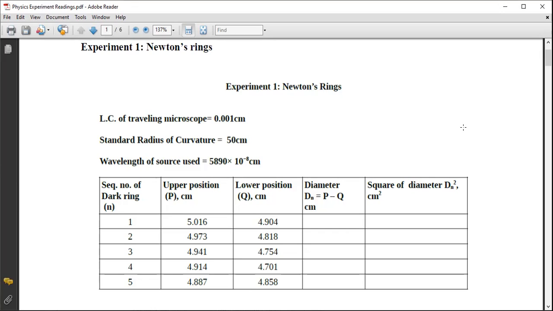The least count of the traveling microscope is 0.001 centimeter. LC, least count. The standard radius of curvature is equal to 50 centimeters.